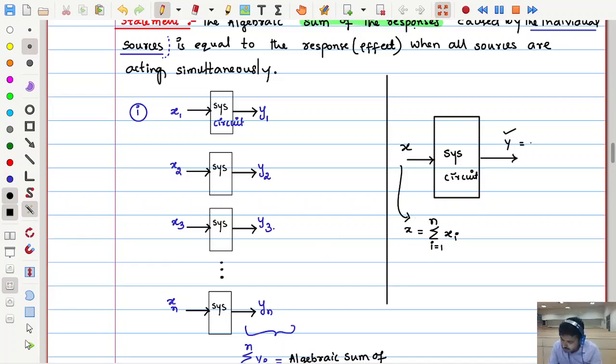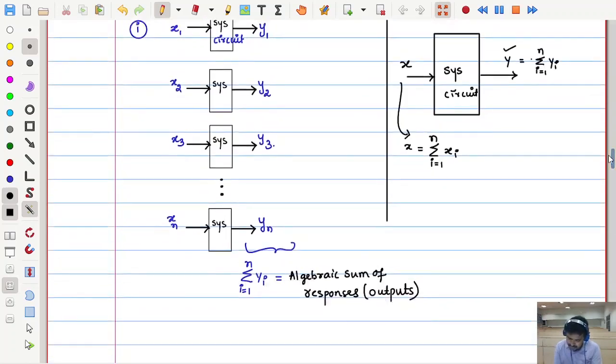So this output is equal to the sum of the responses caused by the individual sources, that is the algebraic sum of the responses, which is equal to summation i equal to 1 to n of yi.